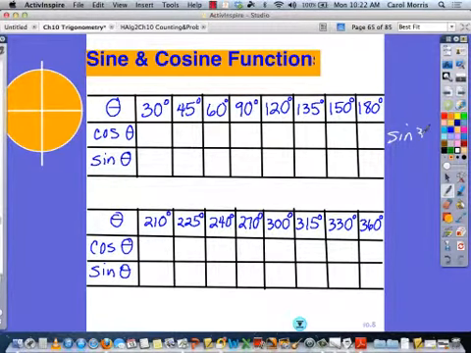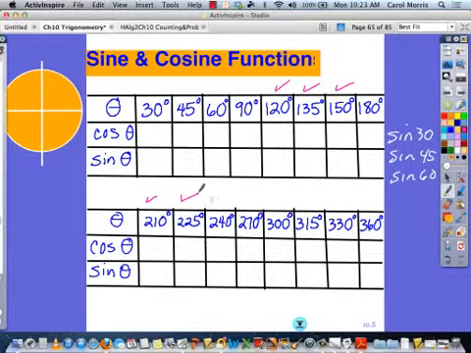And what were they? Well, sine of 30, sine of 45, sine of 60. So we did them in order on purpose. And then we traveled to the different quadrants. So for example, if we knew sine of 30, sine of 45, sine of 60, how that related back over to the angles that would have matched up with them in the second quadrant, in the third quadrant, and in the fourth quadrant.